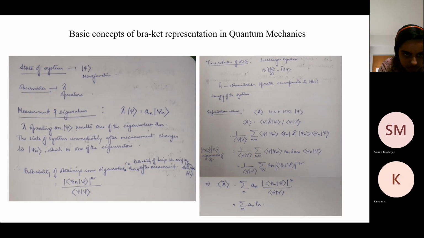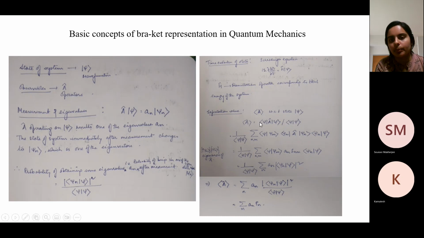Right. And then when we do the time evolution of a state, you use the time dependent Schrodinger equation, which says that iħ del psi del t is H psi, where H is the Hamiltonian operator corresponding to the total energy of the system.